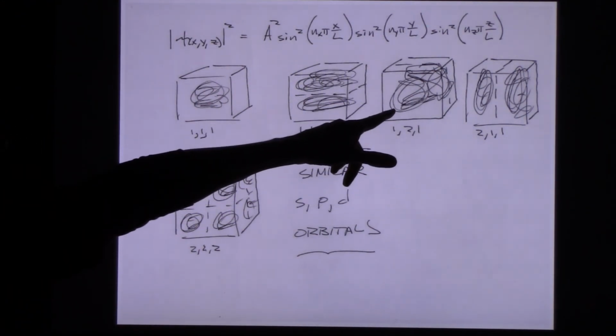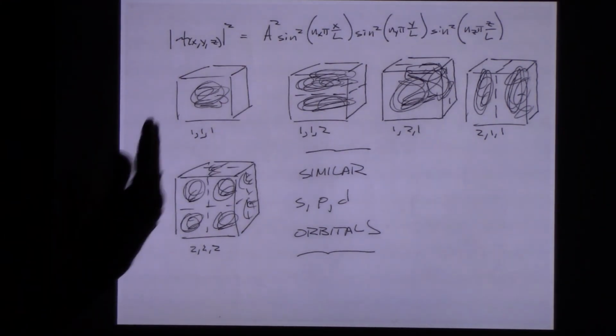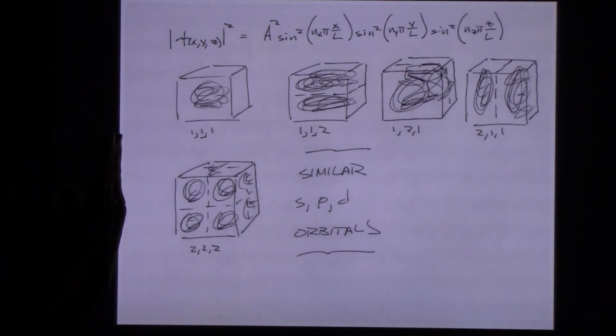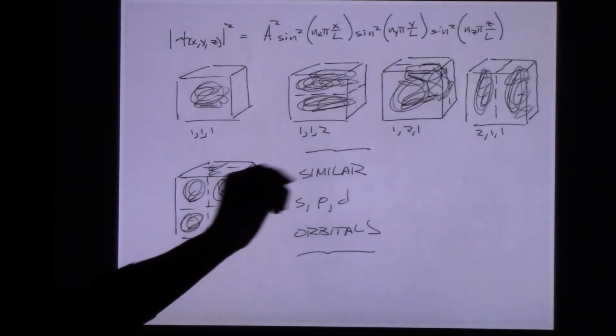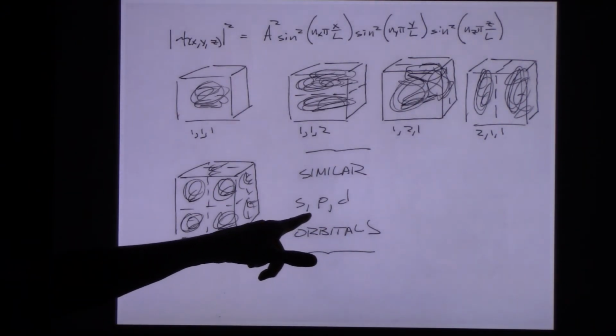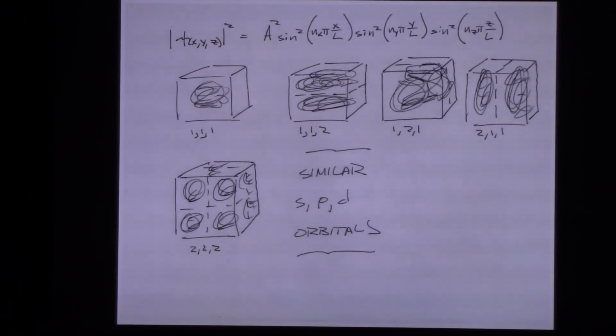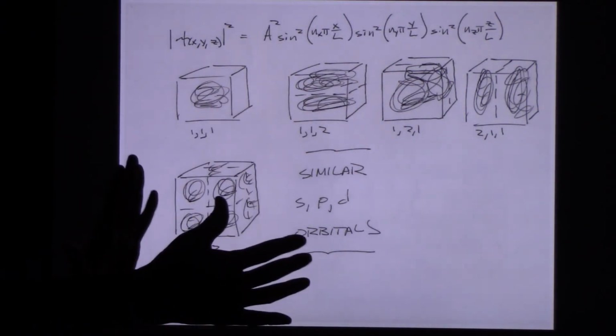Here I would have front and back, a rounded disc in the front and a rounded disc in the back. And then here I would have them side to side. For those of you who've taken chemistry, what do those look like? They look like p orbitals, right? A pair of lobes in one direction or the other.